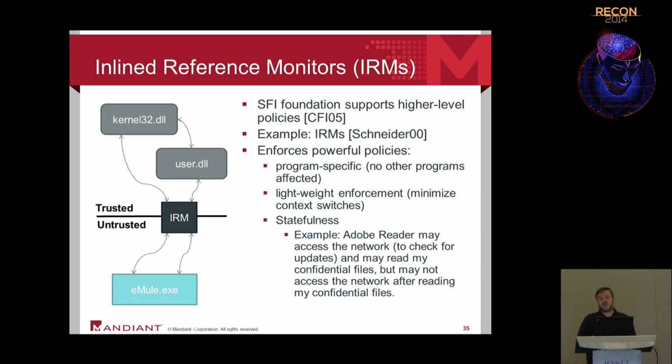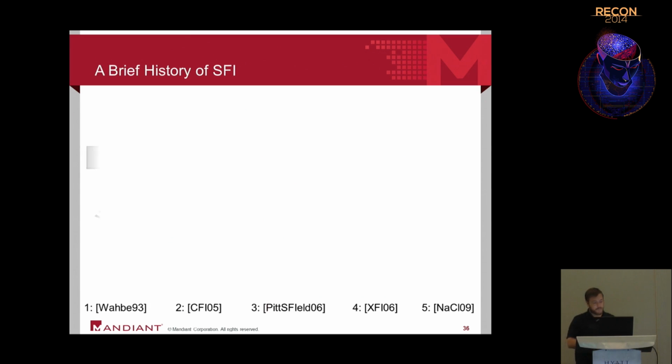If you have an inline reference monitor in place, you can write security policies based on it. For example, you may want to have Adobe Reader access the network and read your files and be able to do all that. But if it reads certain files, you want to block it from accessing the network again because you don't want it to be able to send those. That's a security policy that you could put in place with our system.